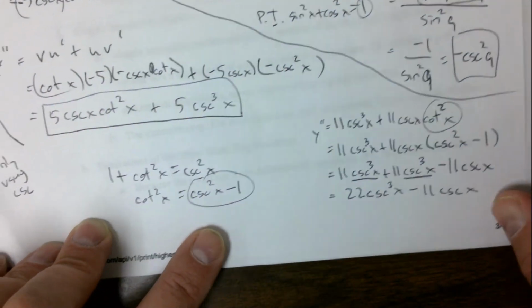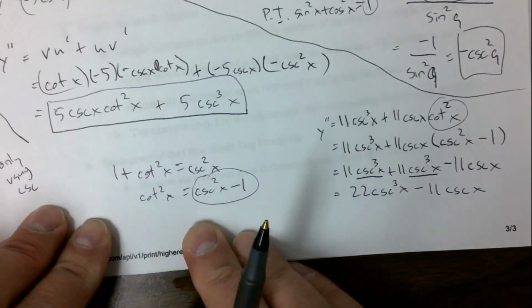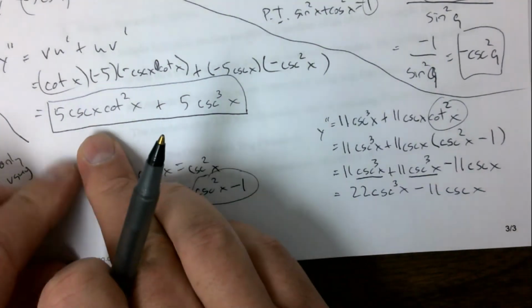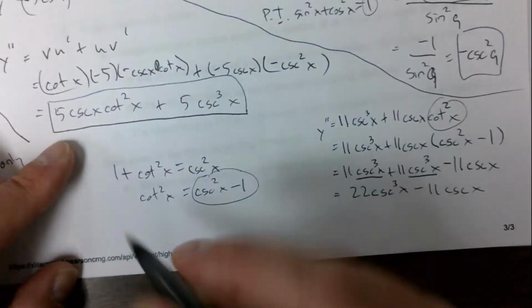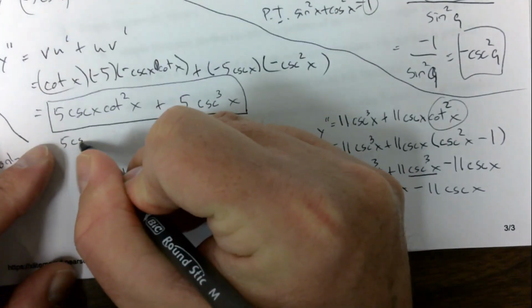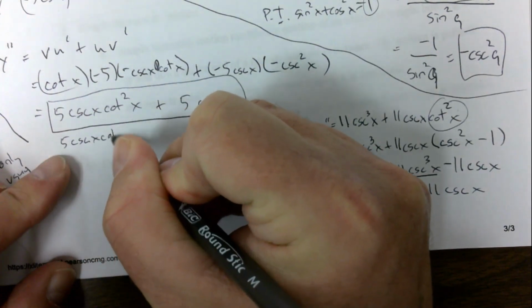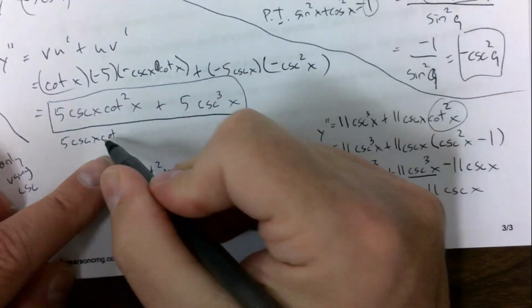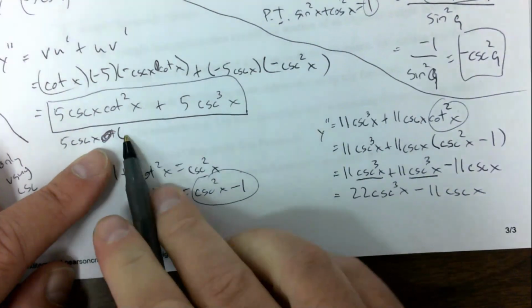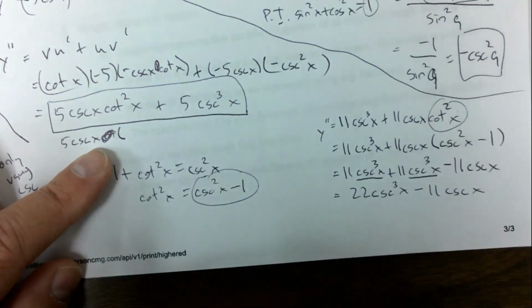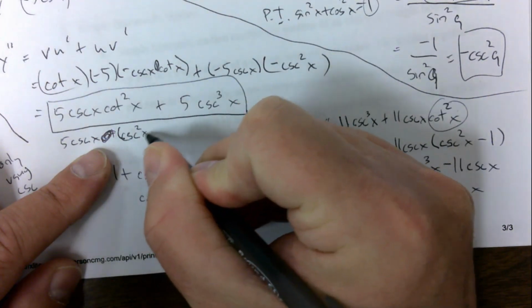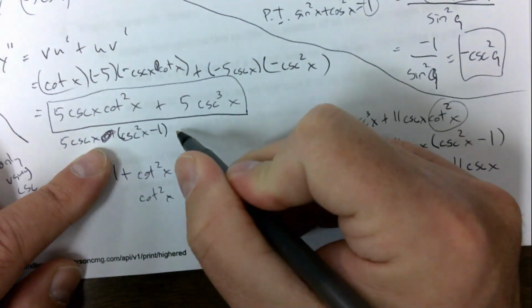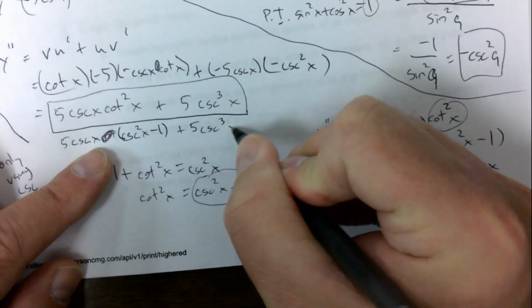And so on ours, it would end up being 5 cosecant x cotangent squared x, which we need to change to cosecant squared x minus 1. And then plus 5 cosecant cubed x.